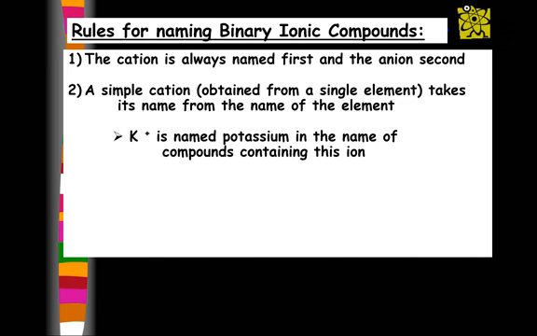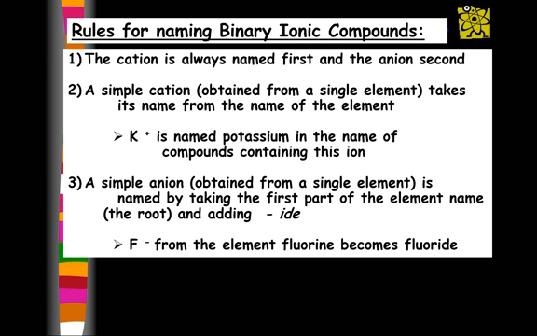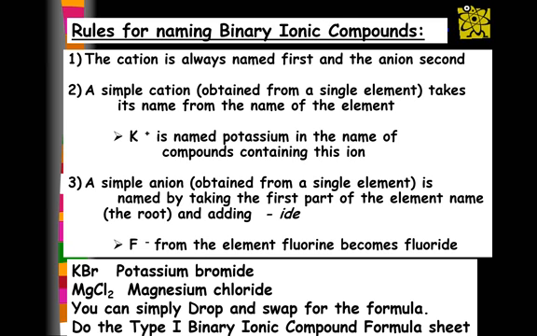So here, if you have potassium, and you bring it together with something, you're going to change the ending of the second part to -IDE. IDE means binary. So here I have potassium and bromine. It makes potassium bromide. You get magnesium and chlorine. It makes magnesium chloride.